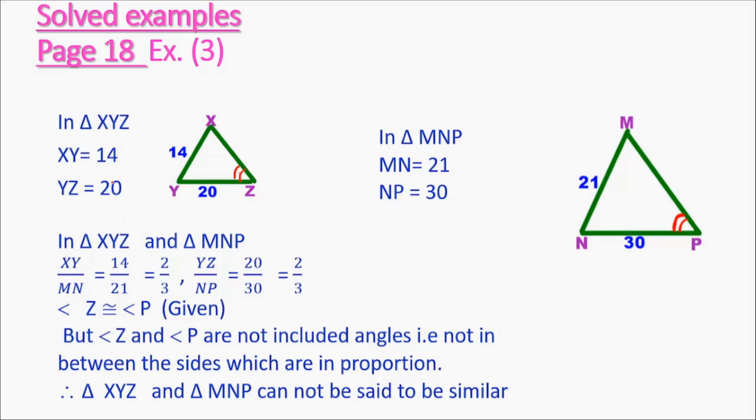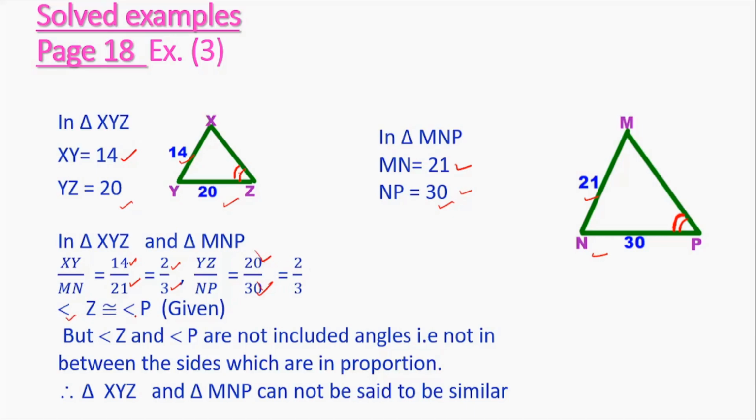So the explanation we'll see. In triangle XYZ, XY is 14, YZ is 20. In triangle MNP, MN is 21, NP is 30. In triangle XYZ and triangle MNP, XY upon MN is 14 upon 21. When you cancel, you get 2 upon 3. YZ 20, NP 30. Cancel the zeros, you get 2 upon 3.